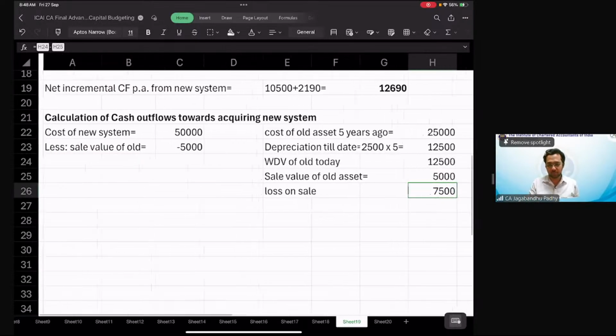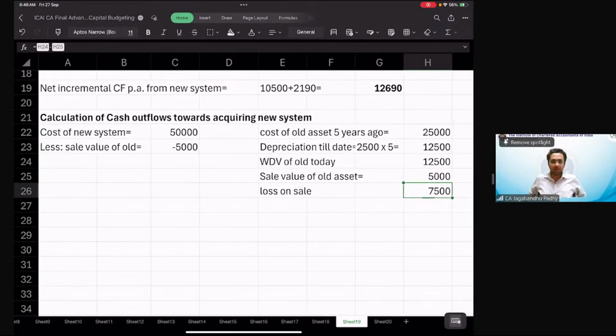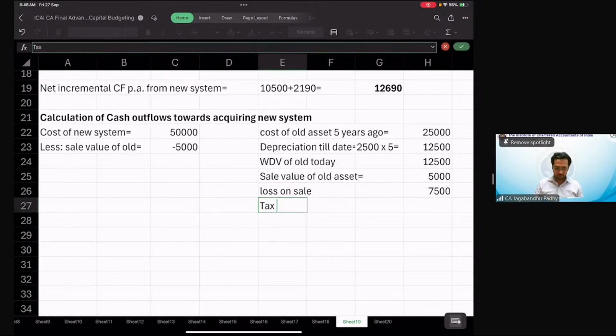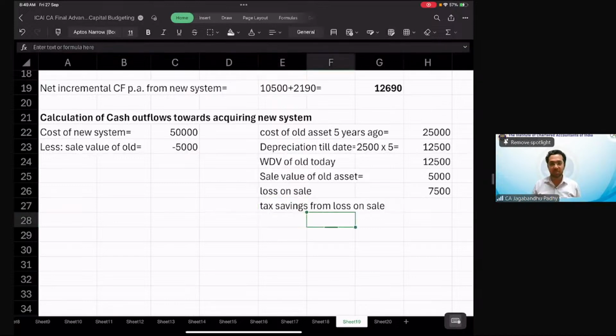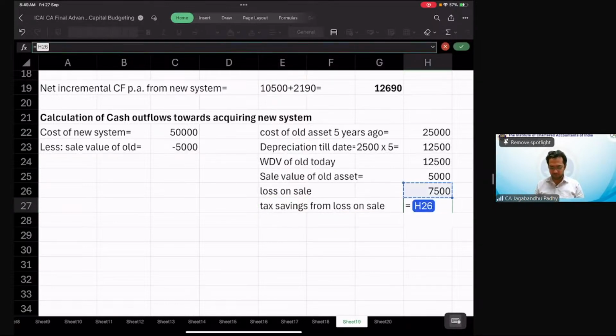Okay. What will be the impact of this loss on sale? From the taxation point of view, will there be a tax saving or will there be an additional tax? Tax saving, correct? So we'll say tax savings from loss on sale. What will be the tax savings on loss on sale? Can I say it will be 7,500 multiplied by 30%?